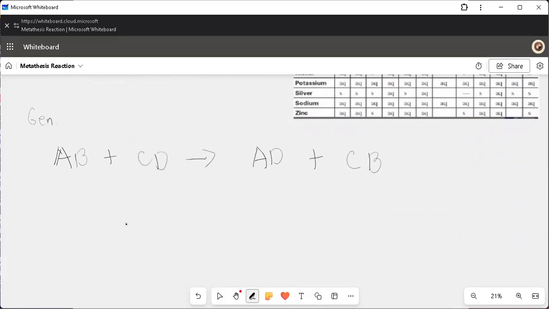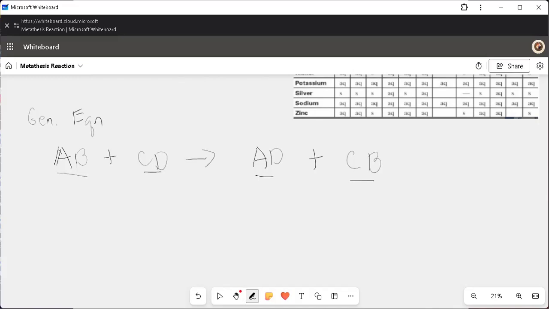We call this the general equation. So you have here two compounds producing two new compounds. What is important here is that you should know how to split the compound into components.